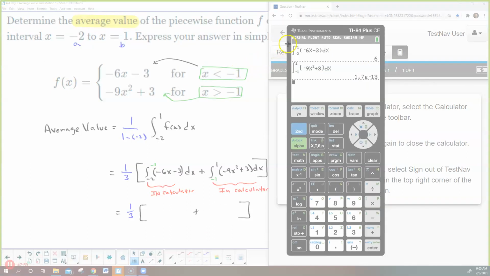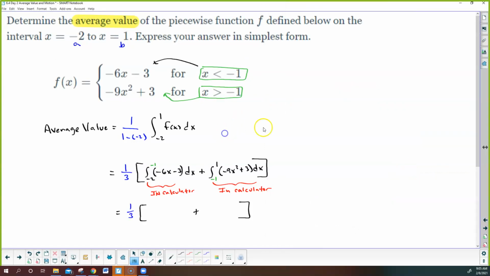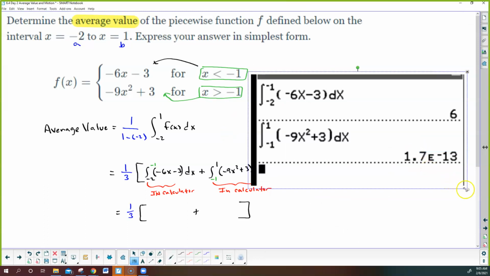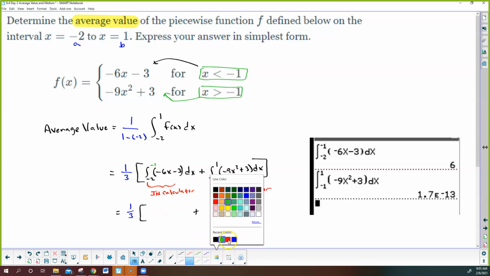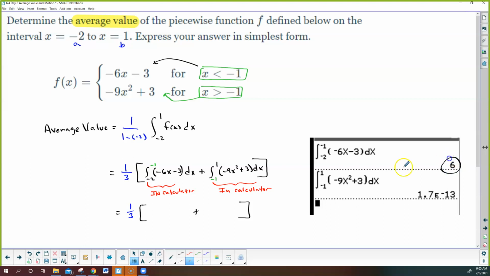When you look at the answer to your second integral, all right, so when we look at this first piece here, from -2 to 1, we get an answer of 6.